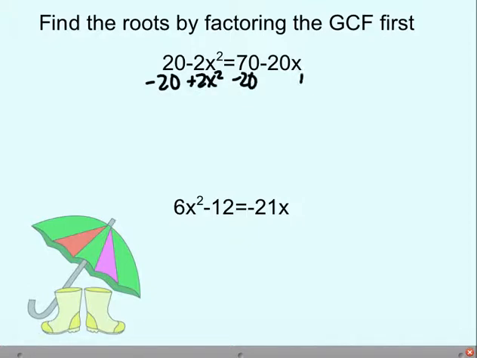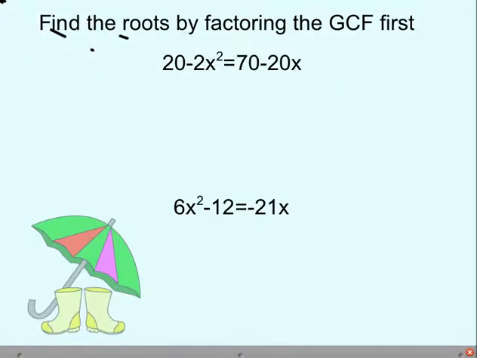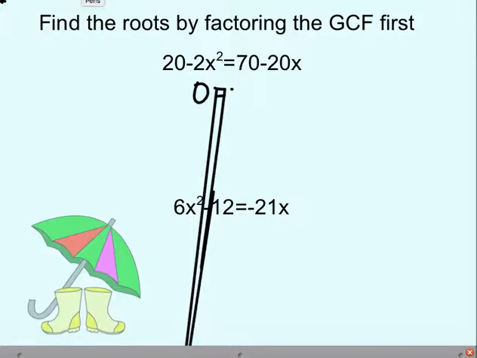We end up with 0 is equal to 2x squared minus 20x and then plus 50.